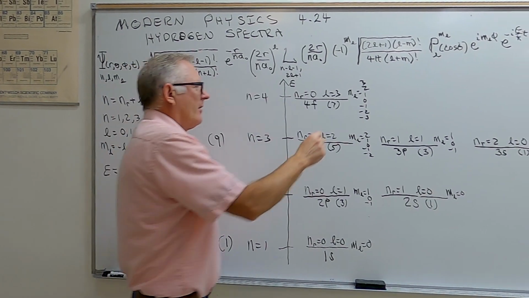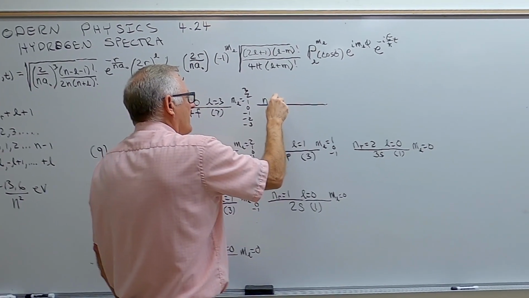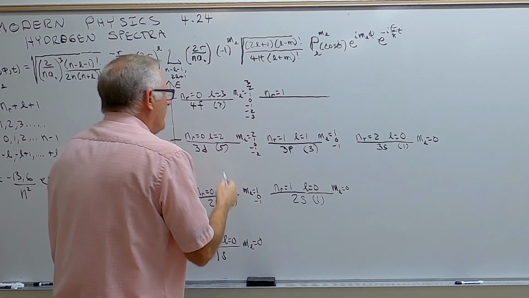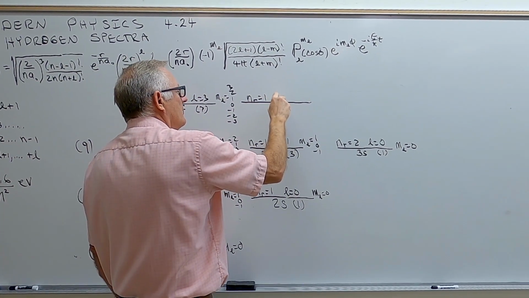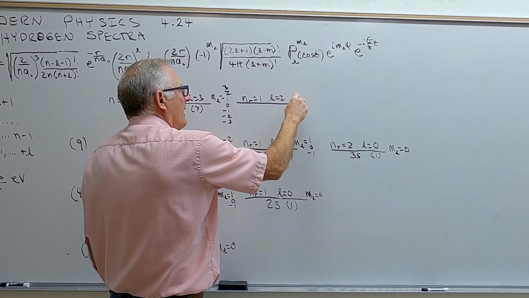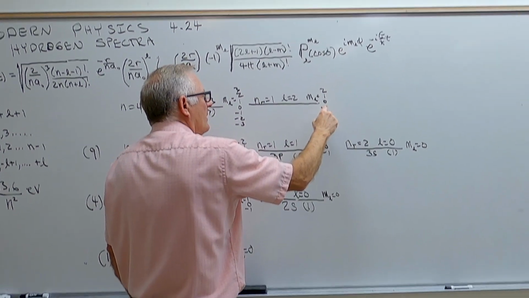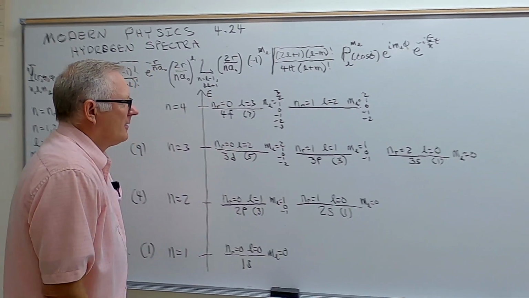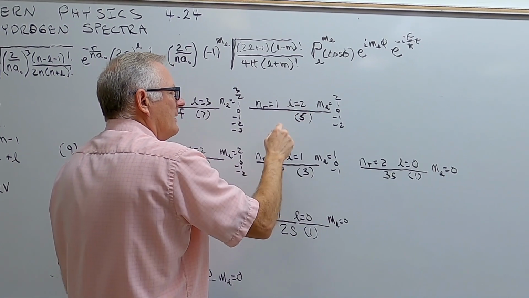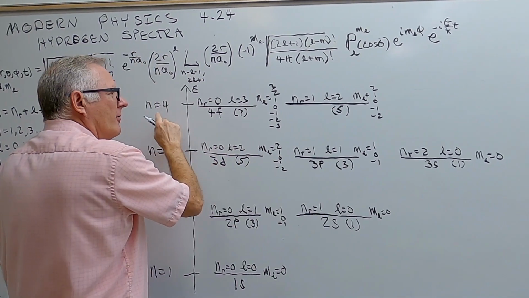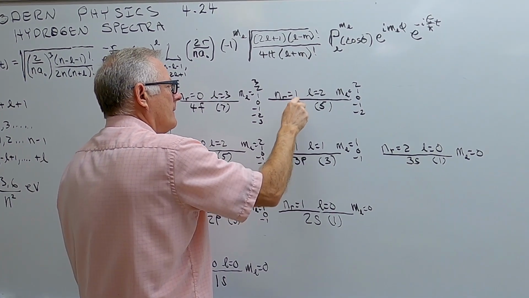Okay, and then we could also have n sub r equal to 1. Well, that means I have 1 less than L. That's L equal 2. So m sub L equals 2, 1, 0, minus 1, minus 2. This gives you 5 states. And we would call this the 4D state.